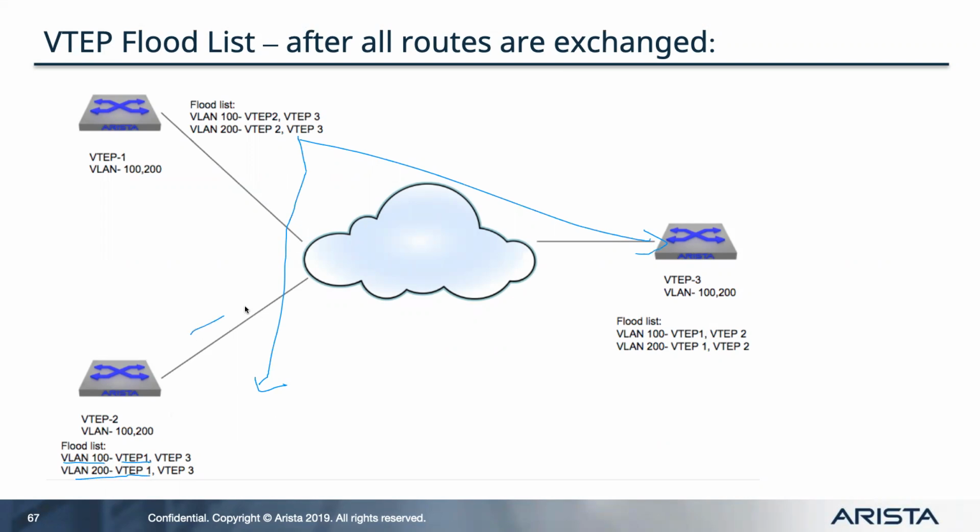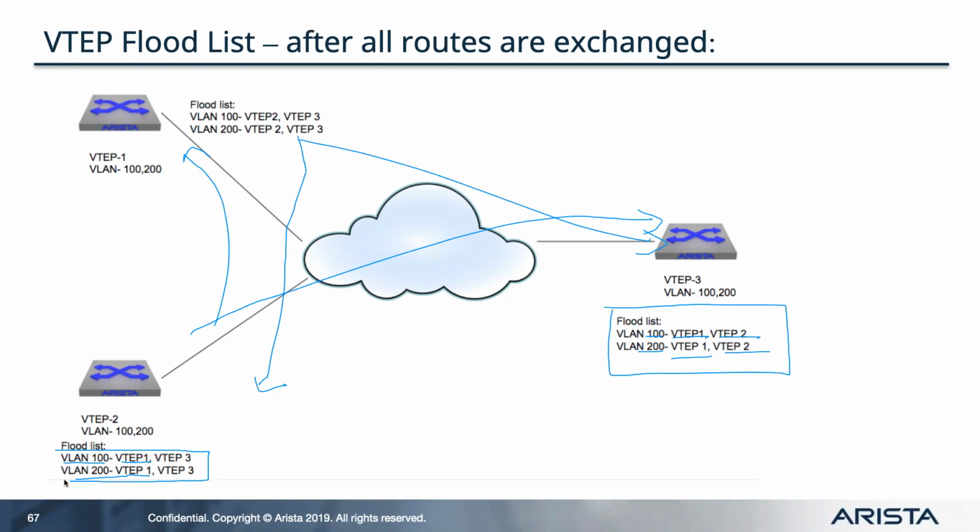Similarly, VTEP 2 will also send out this update as soon as you configure it, and VTEP 2 also has the same VLAN 100, 200. This is how all the VTEPs populate their flood list based on type 3 routes. So this is how it works. Is it clear?